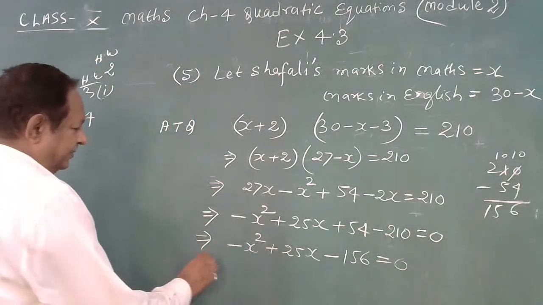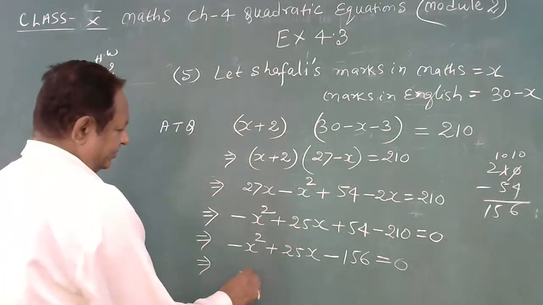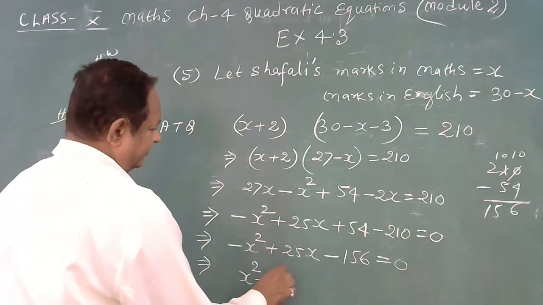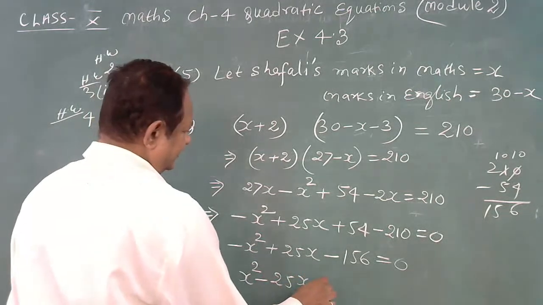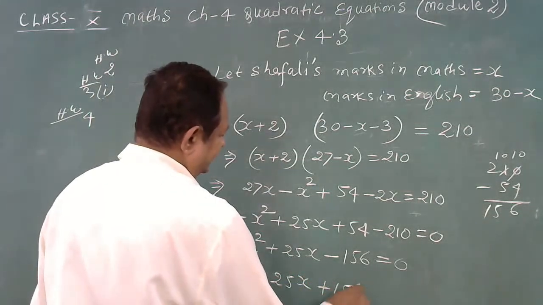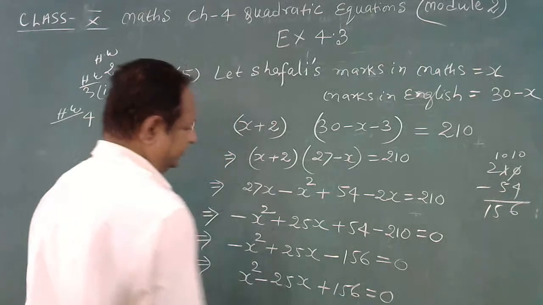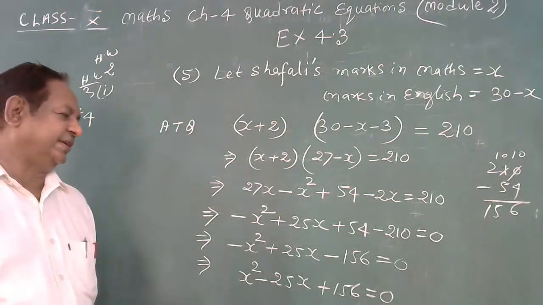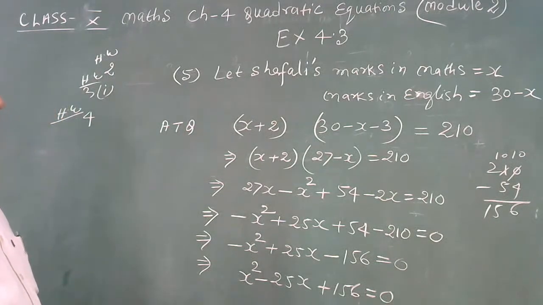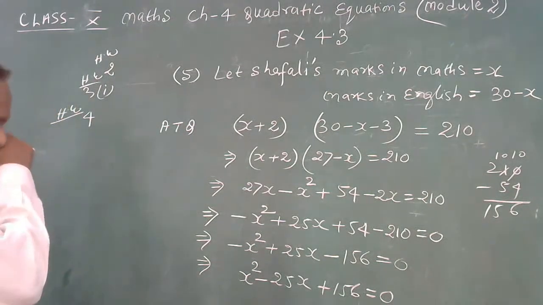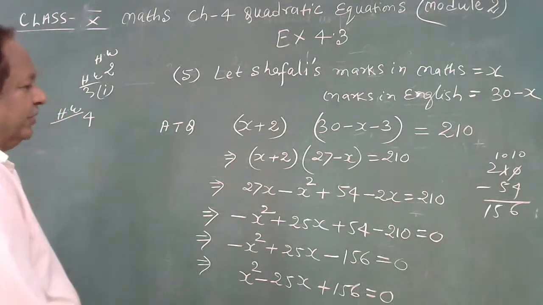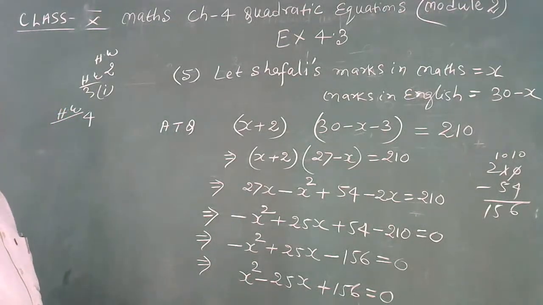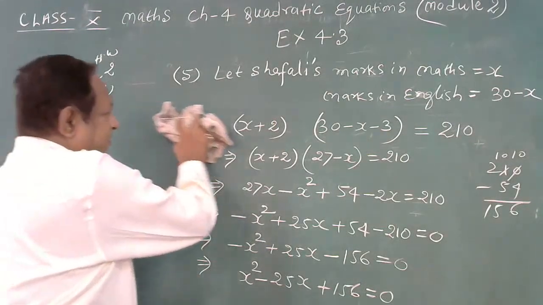Now multiplying by minus 1, so x square minus 25x plus 156 is equal to 0. To make it a quadratic equation in standard form, we are going to solve by the quadratic formula. So what is a?